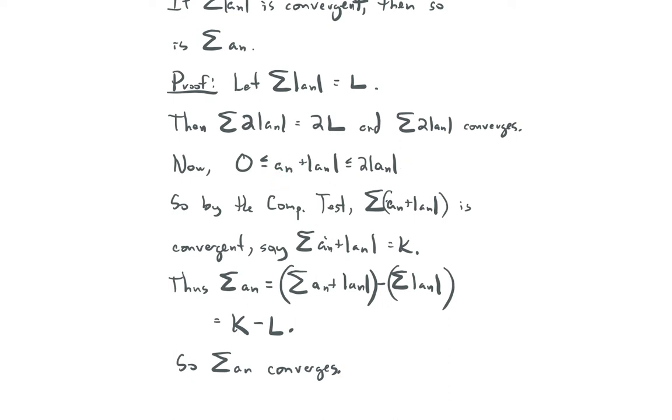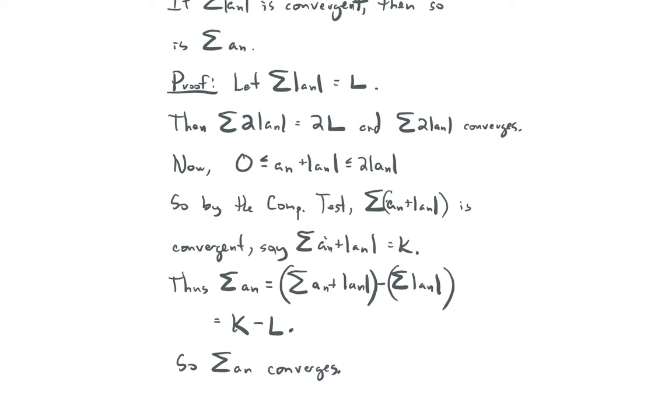If it's negative, then these cancel and you get 0. And if it's positive, then the absolute value is doing nothing, and you get 2 times the absolute value of a_n. But for our purposes, that's all we care about.